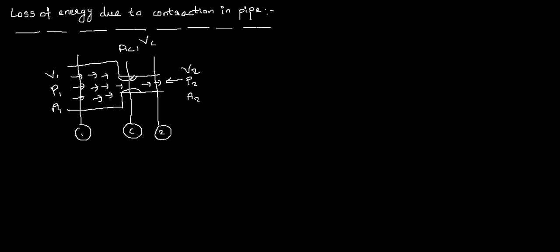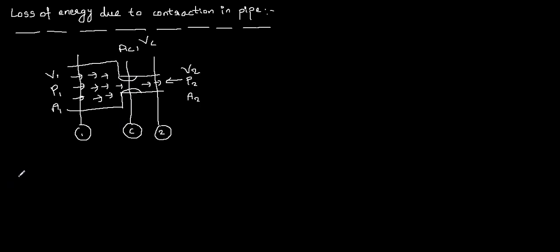Because decreasing and increasing in the cross-sectional area for the flow of the liquid is taking place. So due to this only we are facing the loss of energy. So that means because of the minor losses we can say that whatever the loss of energy is taking place through the contraction in pipe, that can be equal to the loss of energy due to the enlargement in the cross-sectional area of the flow of the liquid.